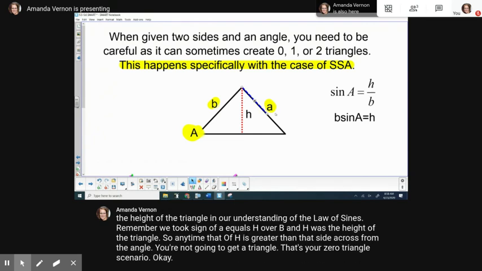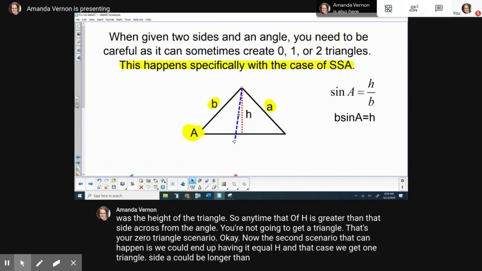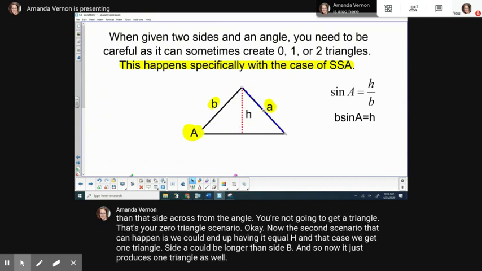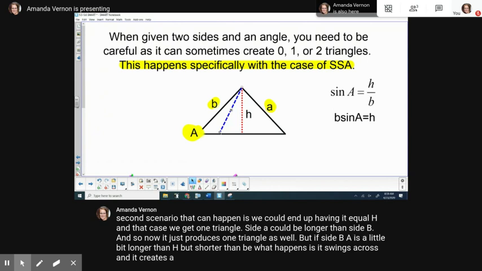Now, the second scenario that can happen is that side A could equal H. In that case, we get 1 triangle. Side A could also be longer than side B, and then it produces just 1 triangle as well. But if side A is a little bit longer than H but shorter than B, it swings across and creates a second triangle right here.